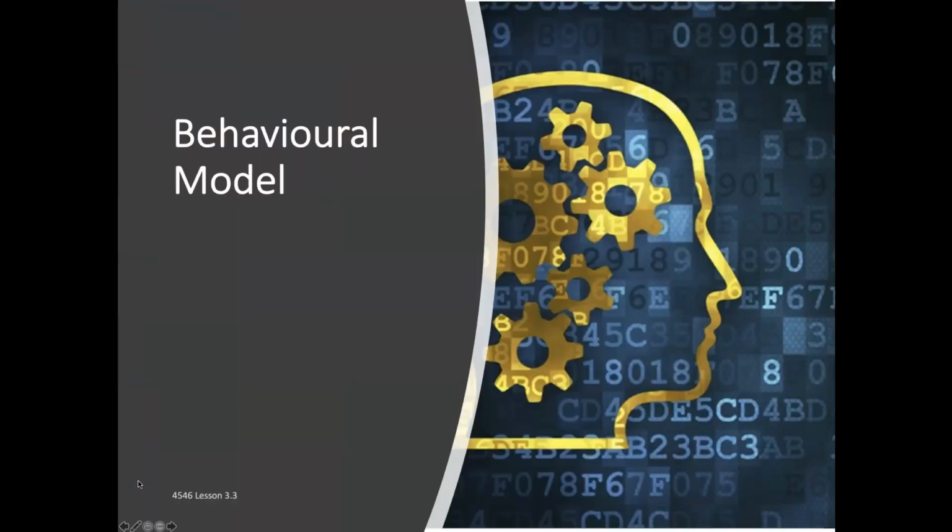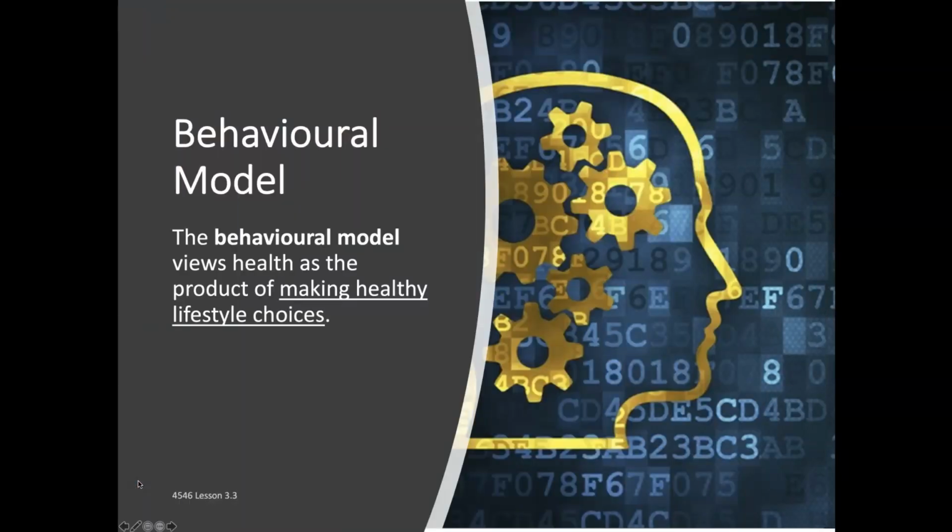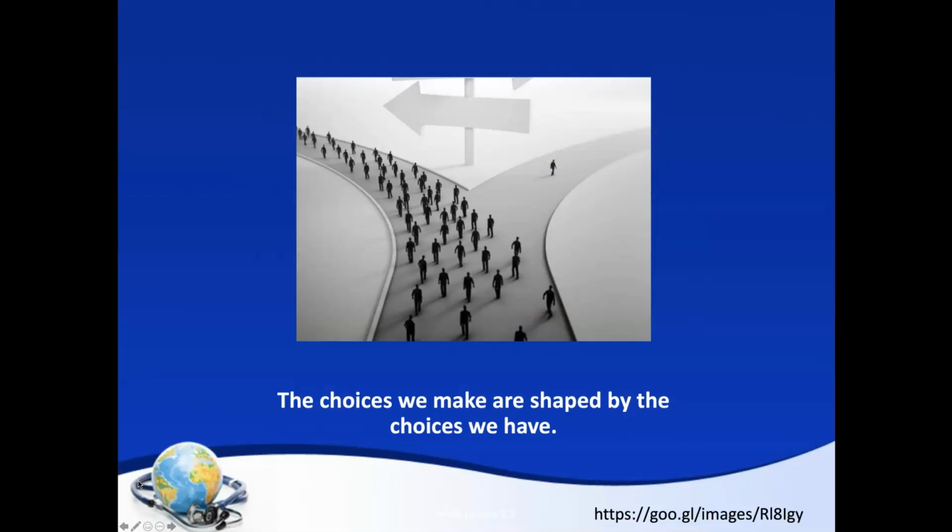So let's look at the behavioral model. The behavioral model views health as a product of making healthy lifestyle choices. Sounds pretty good, doesn't it? But I'm going to question what's wrong with this model. Well, as it says here, the choices we make are shaped by the choices we have. And so you may not have those choices to be able to make the best choice. Maybe you don't have enough money to buy good food.